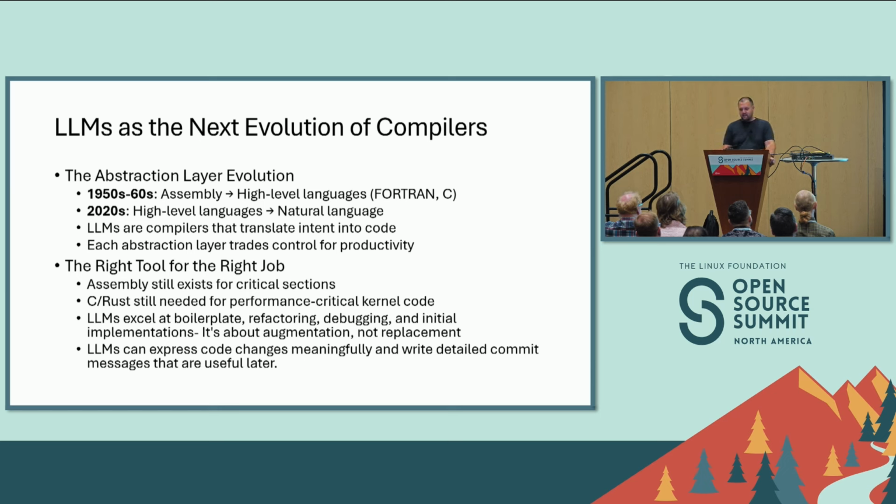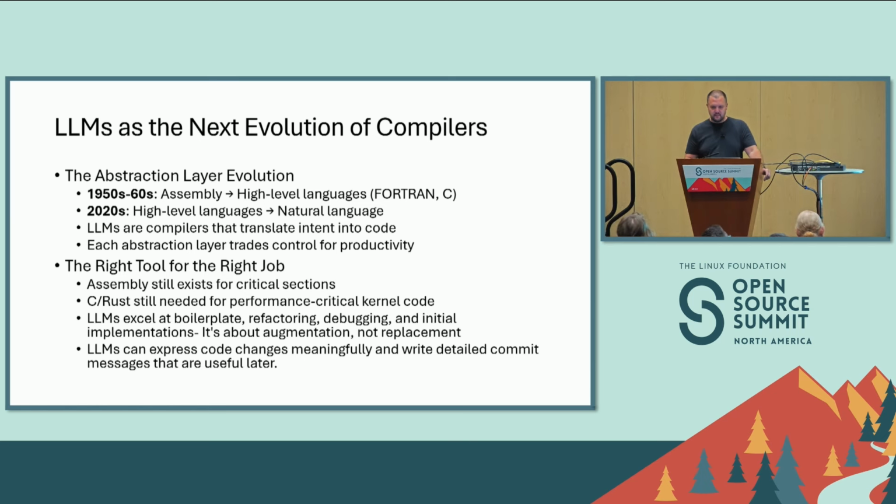At some point, someone will ask me, hey, are LLMs going to replace us humans? Like, in 5 years, is it all going to be kernel engineering LLMs that will come instead of us? I don't think that will be the case. I think LLMs are just another fancy compiler, right?